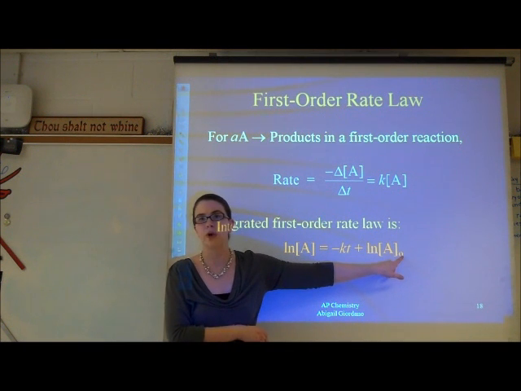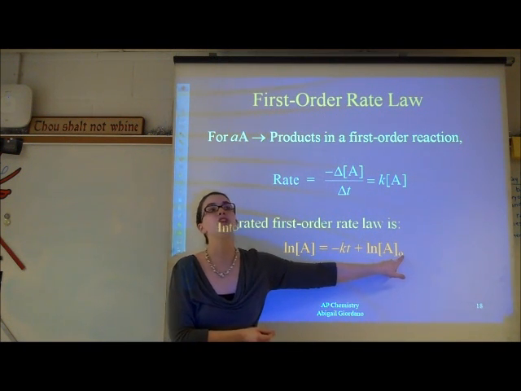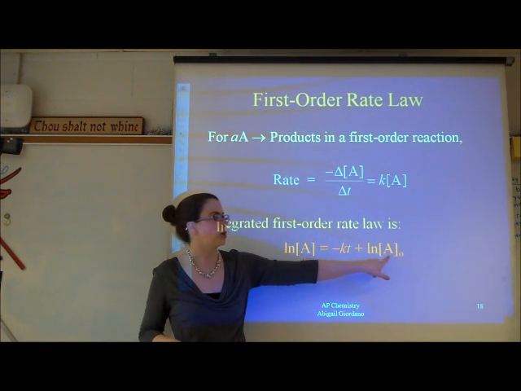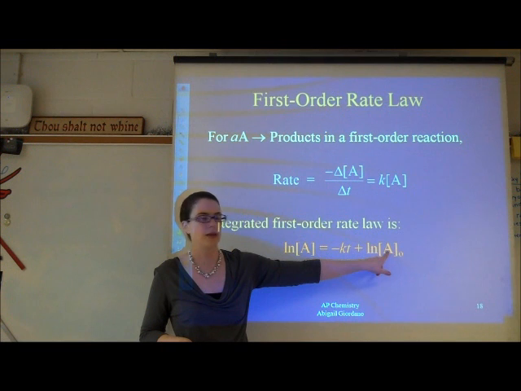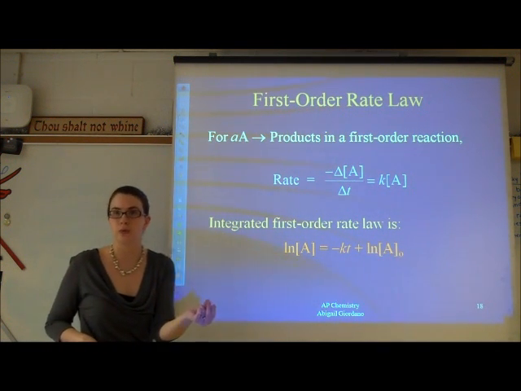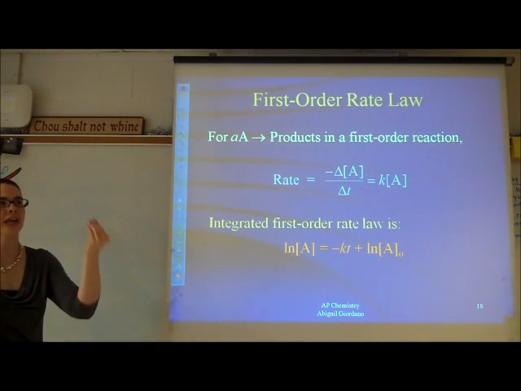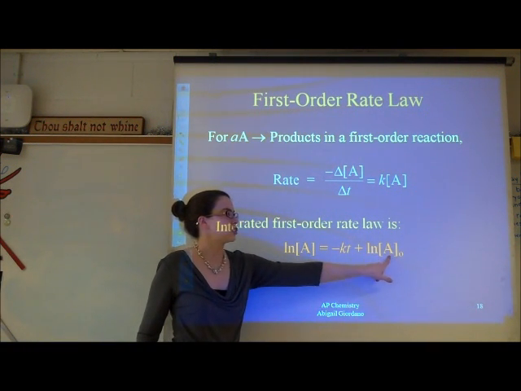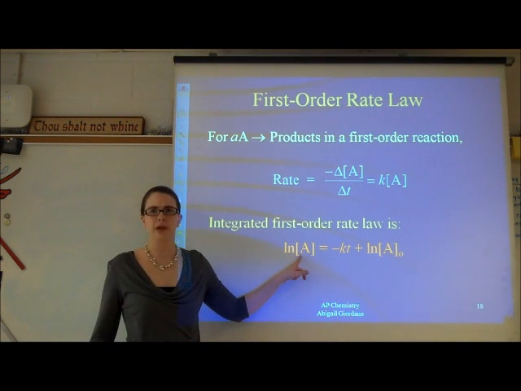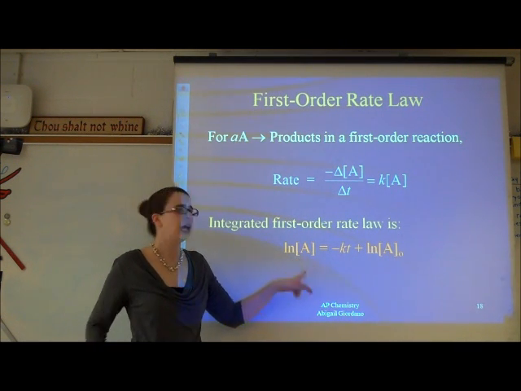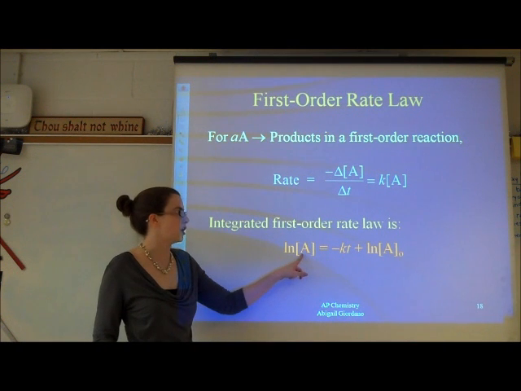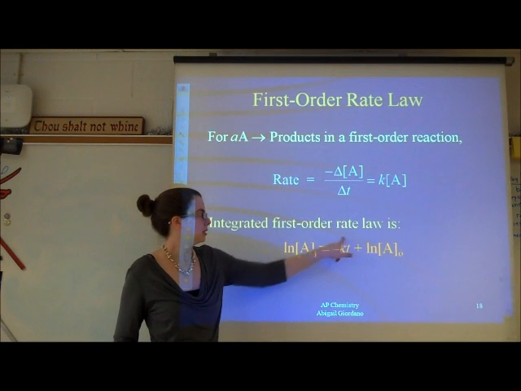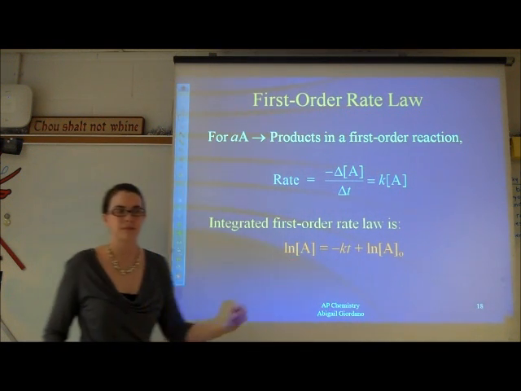What does this little 0 mean? Original, initial. Ladies and gentlemen, this is the concentration of reactant A at time 0. The starting concentration. If this is a starting concentration, what do you think this one is? Oh, the end concentration. Yeah, a final concentration after some time has gone by. Okay?